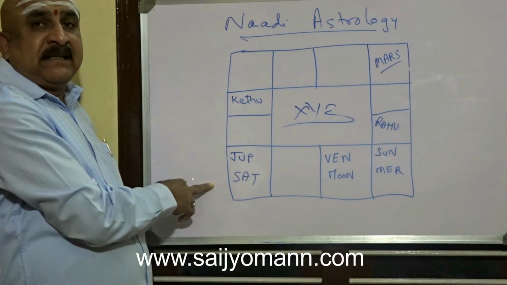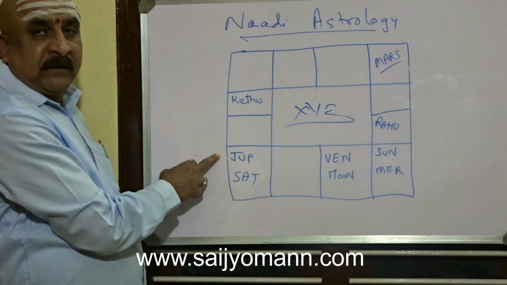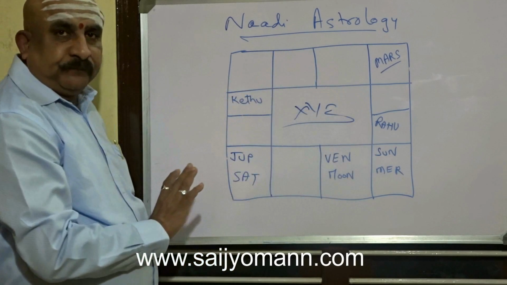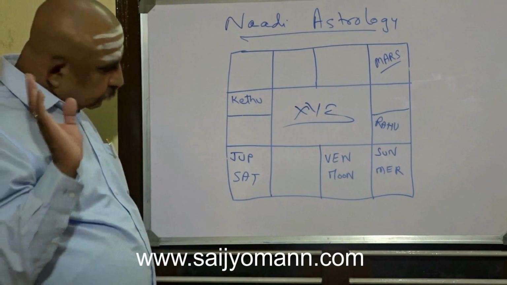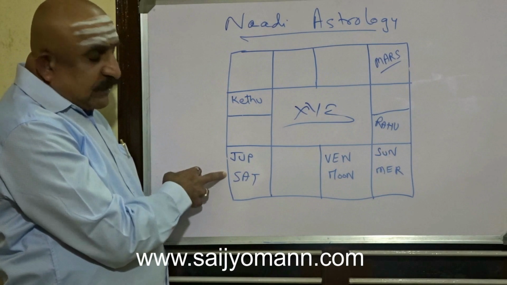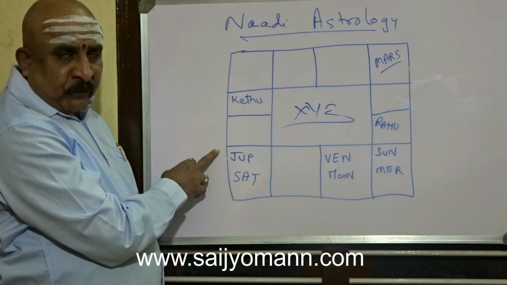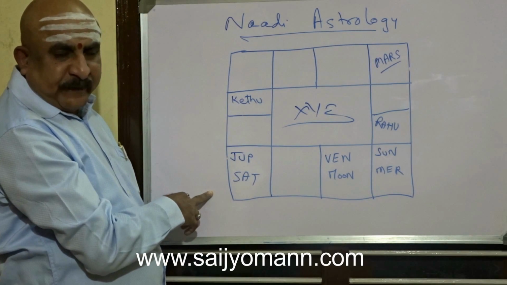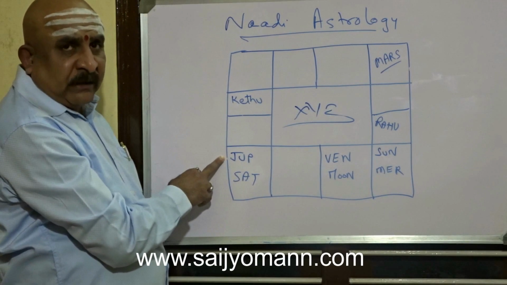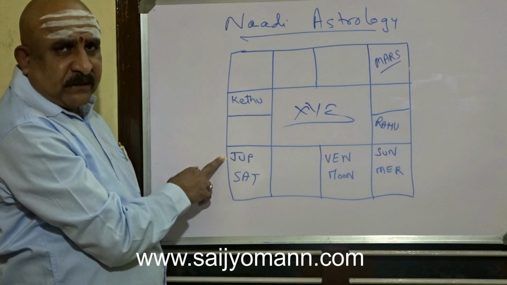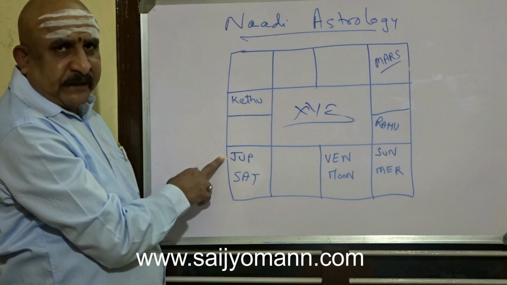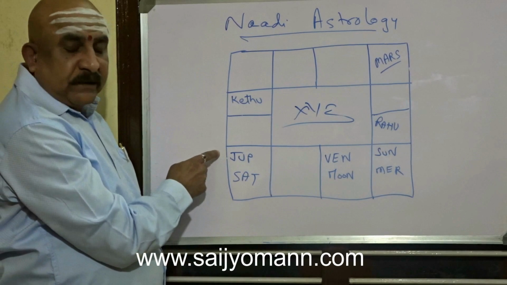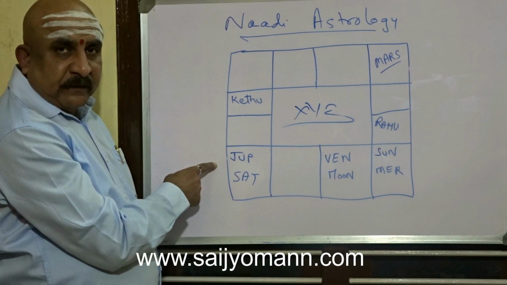Mars, because Mars is aspecting Jupiter, and nobody else is there. Right? Because Saturn is there with Jupiter, this person will have a lot of troubles. Because Mars is also aspecting Jupiter, lots of accidents, minor accidents, major, whatever it is. This is about that person.